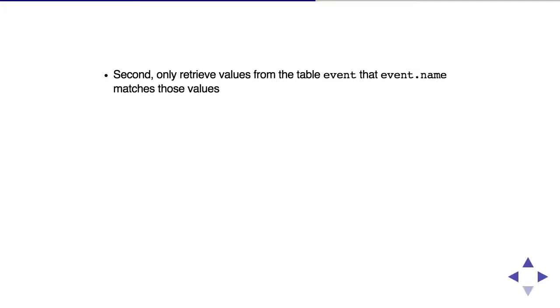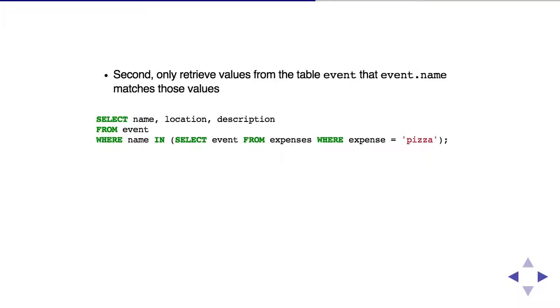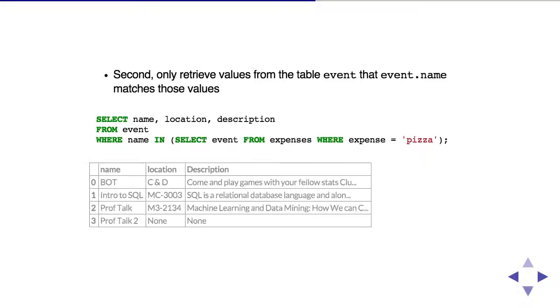If we want to retrieve only values from the event table where event matches these values, we select name, location, description from event where name is in that query, select event from expenses where expense is pizza. We would get our BOT, the first SQL, and two prof talks.